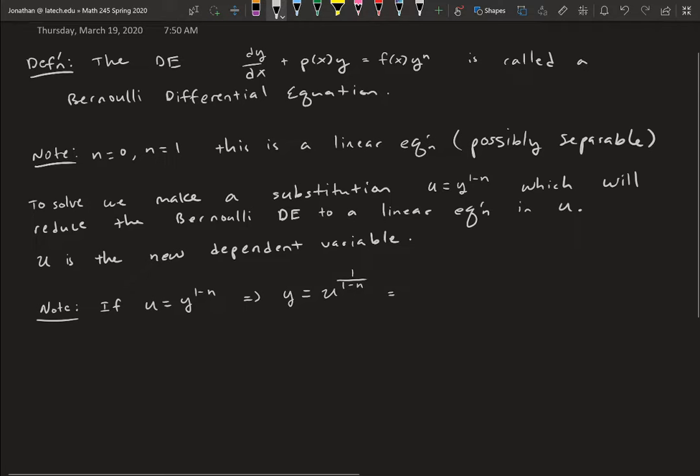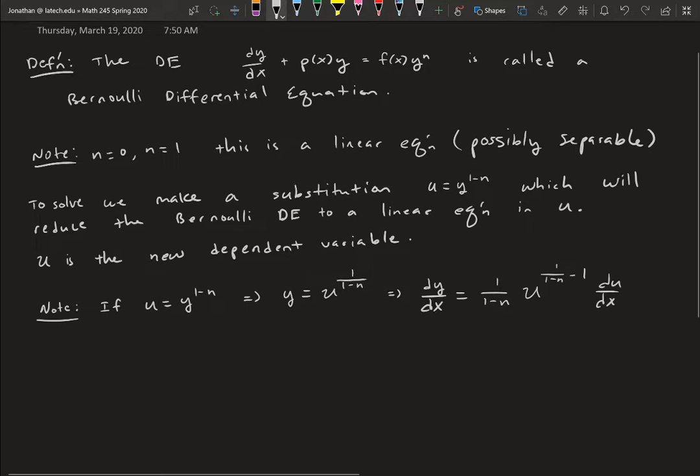And then dy/dx is equal to 1 over 1 minus n times u to the 1 over 1 minus n minus 1 times du/dx.